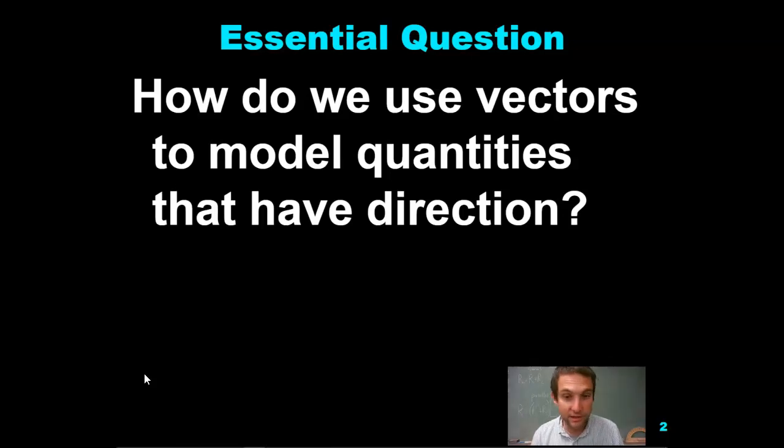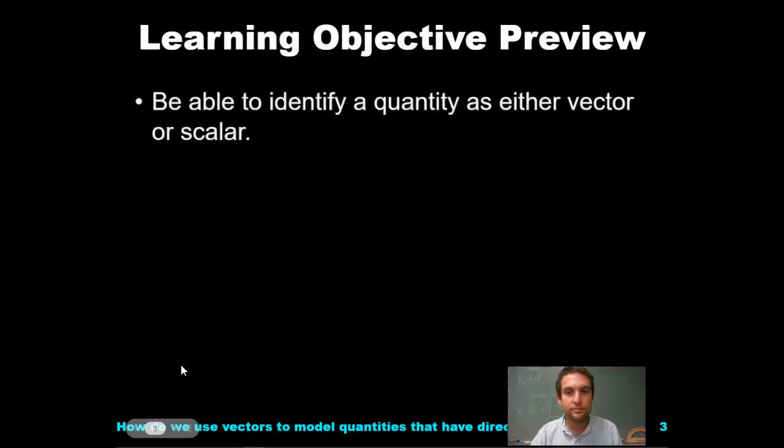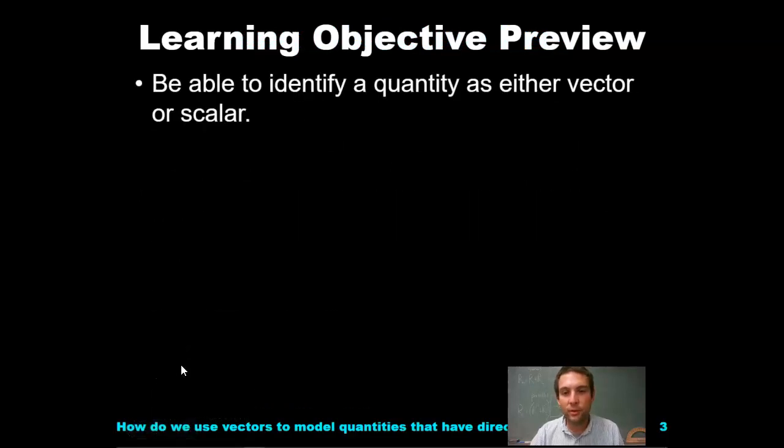So, with that, let's move on and get into some vocabulary and look at our essential question, which is: how do we use vectors to model quantities that have direction? We need to be able to identify a quantity as either a vector or scalar.